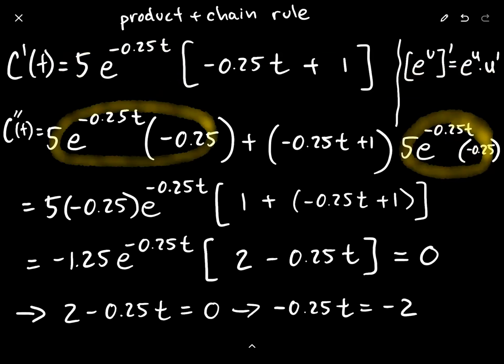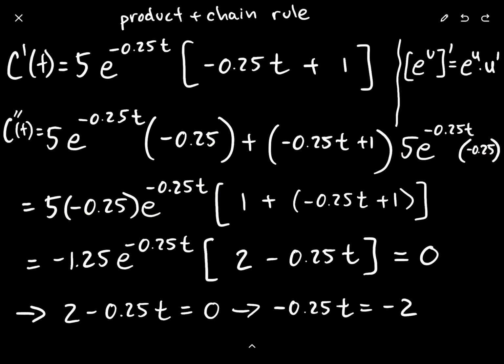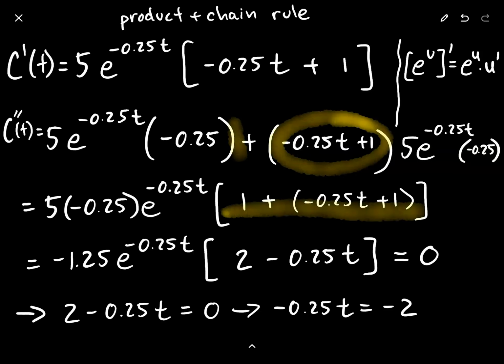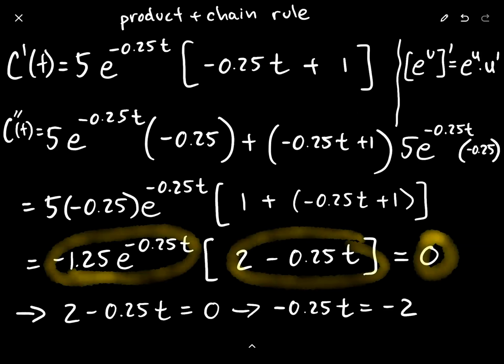Next, we'll factor out the common factors in the front. From both terms, we can take out 5 times -0.25 times e^(-0.25t). After we factor those out, we'll have 1 plus (-0.25t + 1) left in the big bracket. We want to know when the second derivative is equal to 0, so that will be when either of these factors is 0.